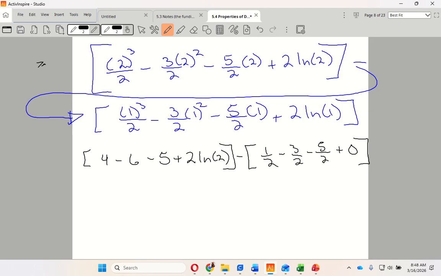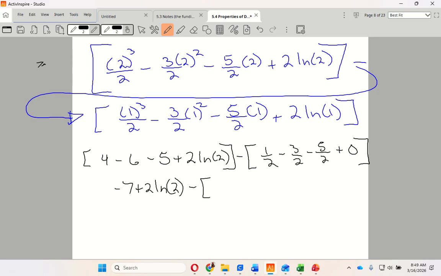Because ln 1 is going to give me 0, and 0 times 2. This over here, I'm going to end up with negative 7 plus 2 ln of 2, minus the other side, which is going to give me, let me see, what's that going to be?